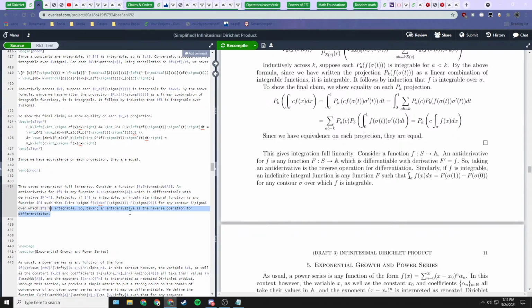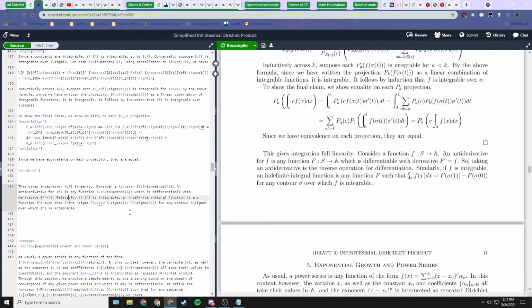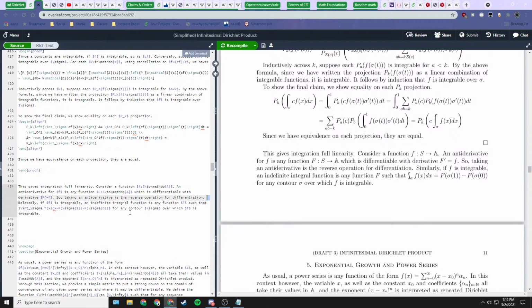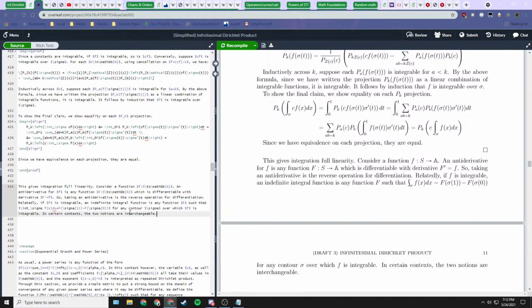We'll just have that there. In certain contexts, the two notions are interchangeable. That's what we want to lead up to. So we're going to have some theorems for that.